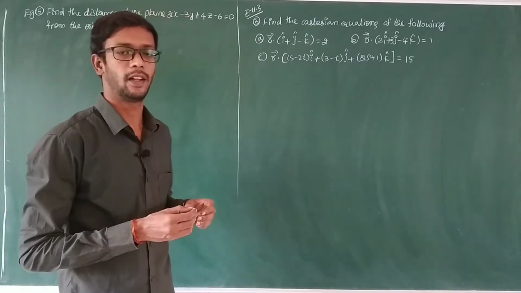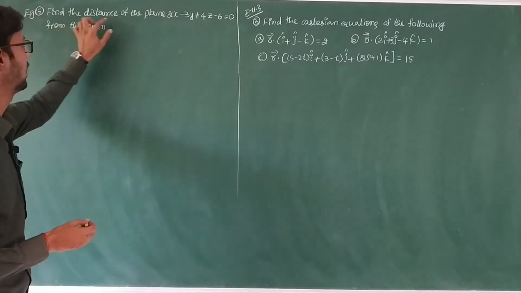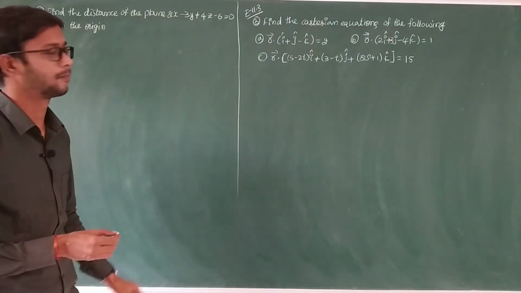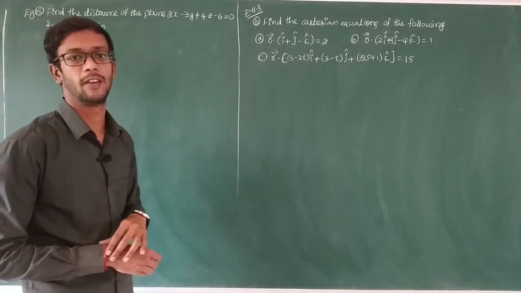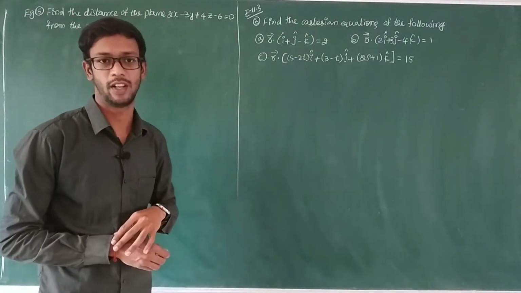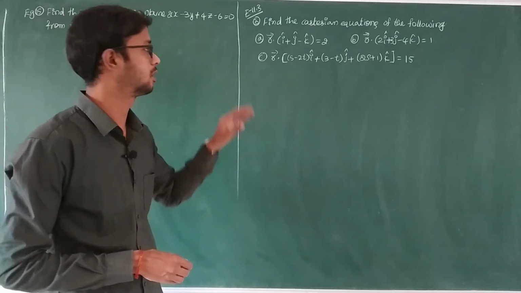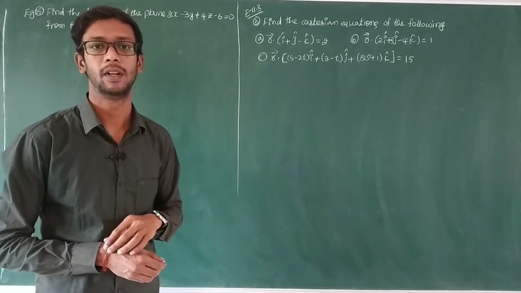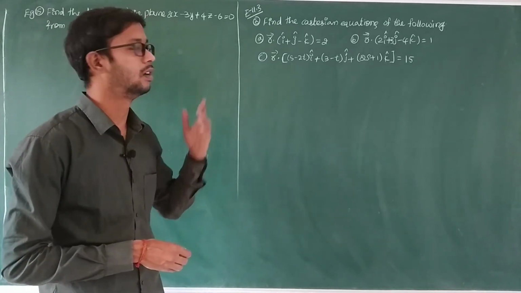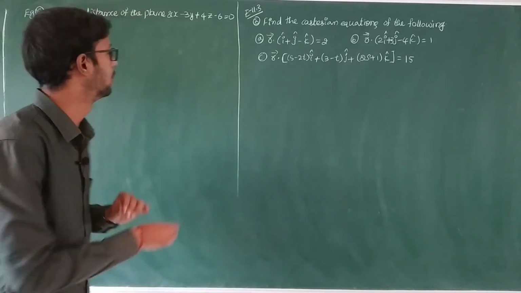Now example 15. Find the distance of the plane from the origin. So now the plane equation is given. Convert this plane equation into normal form. Then you can easily find the distance value d.